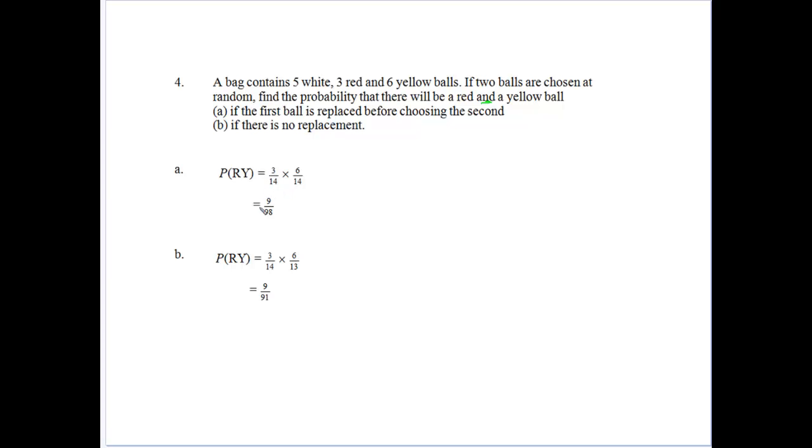If there's a red and then no replacement, the sample space goes down by 1 and we still have 6 yellow, so it gives us a different probability of 9 on 91. Notice a little bit of change depending on whether there was replacement or no replacement. We've got to start to be wary of all those different situations occurring with our problems.